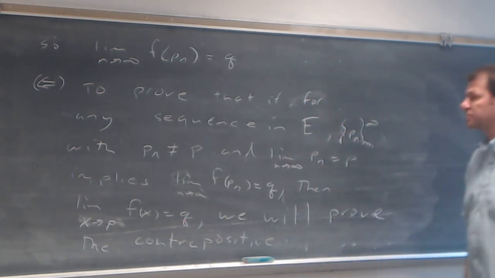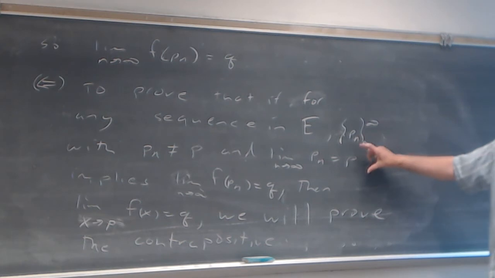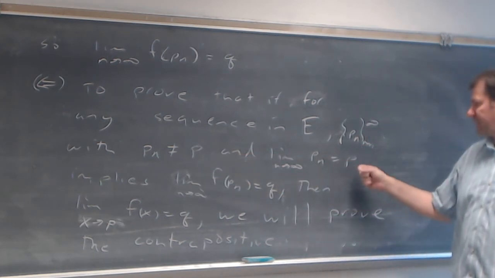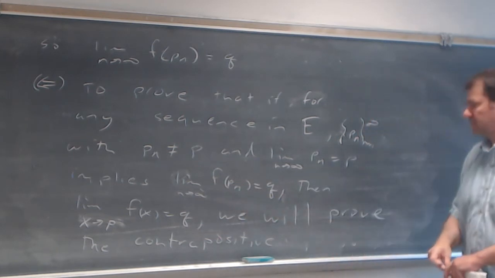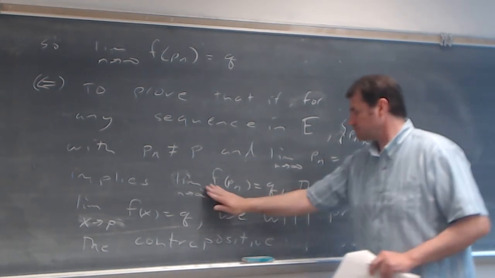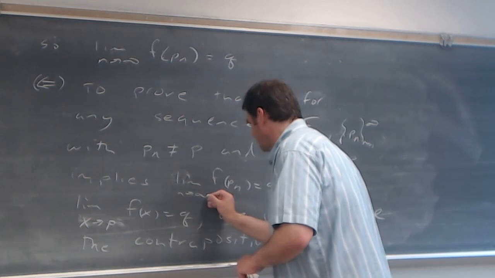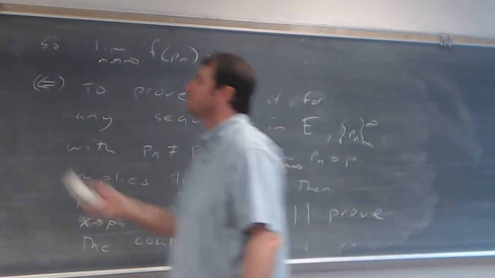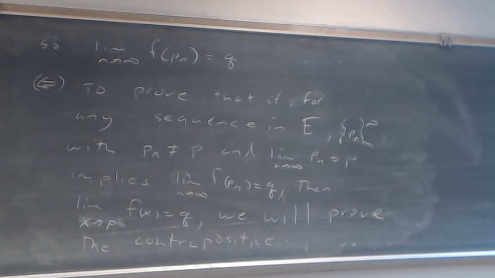And then what we'll have to do is create a sequence p sub n that's never p, the limit of p sub n is p, but this doesn't happen. That the limit as n goes to infinity of f of p sub n doesn't equal q. That's what we'll show. Okay, let me write that down, and then we'll do it.